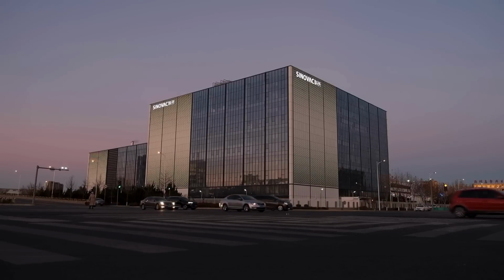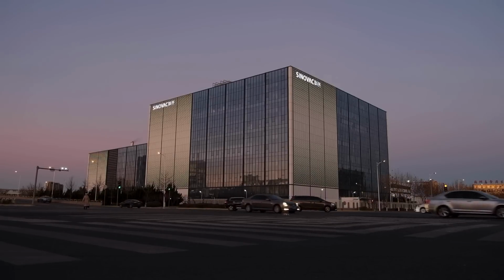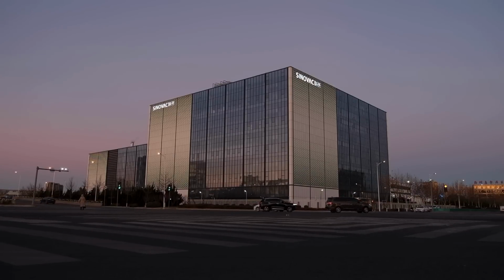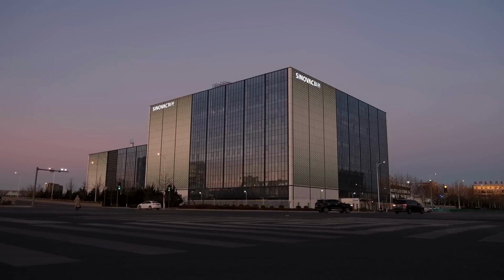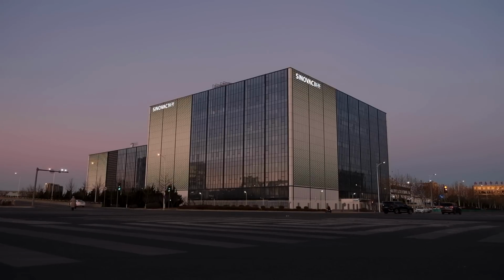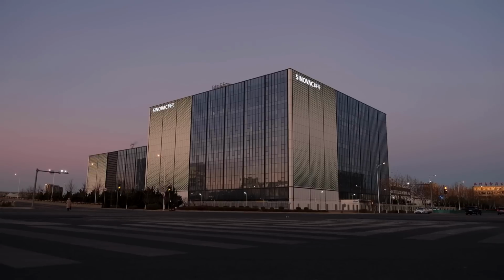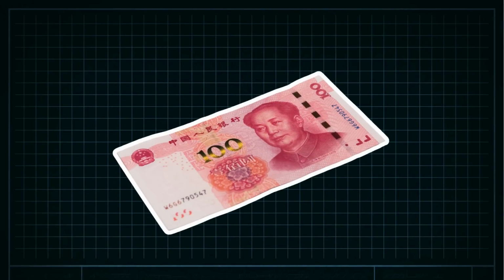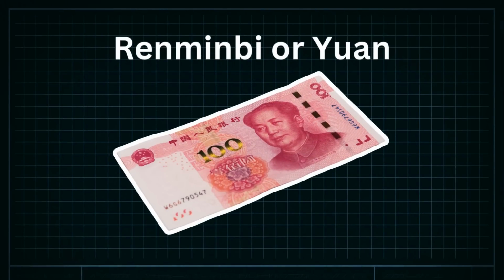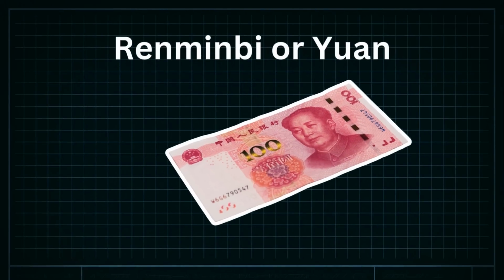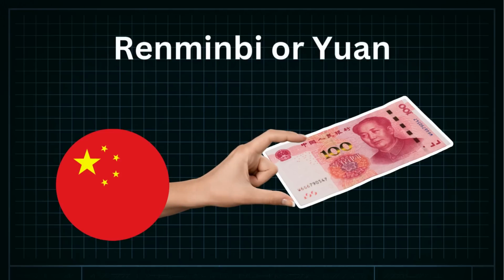Meanwhile, the higher exchange rate also makes imports into China more expensive, encouraging consumers and businesses to rely more on domestically produced goods, thereby supporting local industries. Now, the Chinese currency, renminbi or yuan, which people use interchangeably, has historically seen tight control by China.